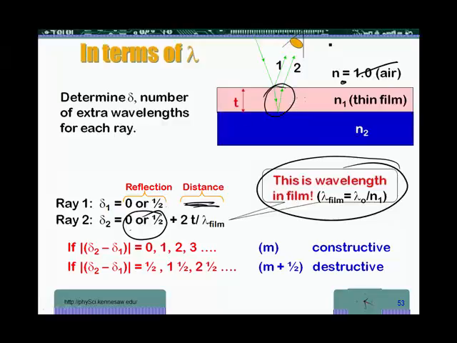So we cannot use the wavelength of light in air. The wavelength of the light in the film is just equal to the wavelength of the light at medium 0 in the air divided by the index of refraction, n1. When the difference in these wavelengths is an integer multiple of the wavelength, we have constructive interference. Otherwise, we have destructive interference.